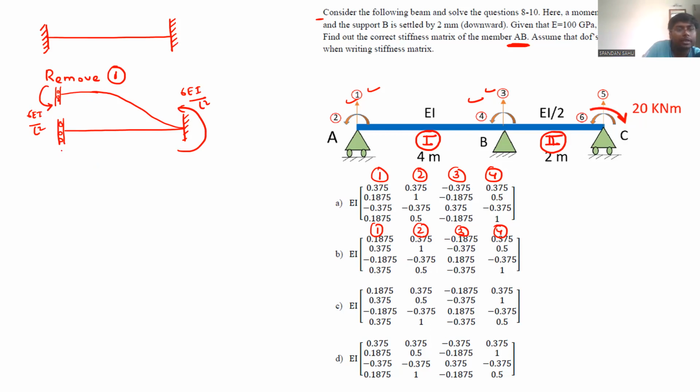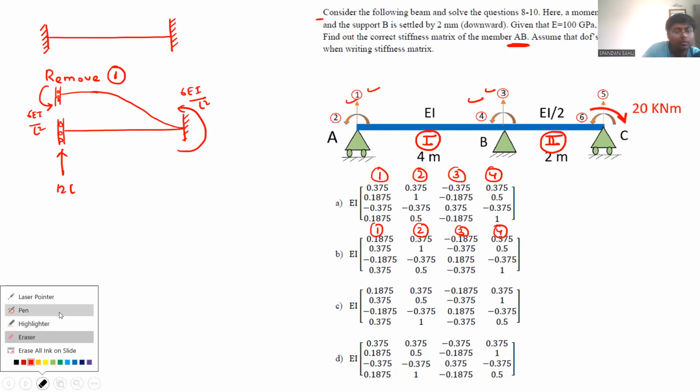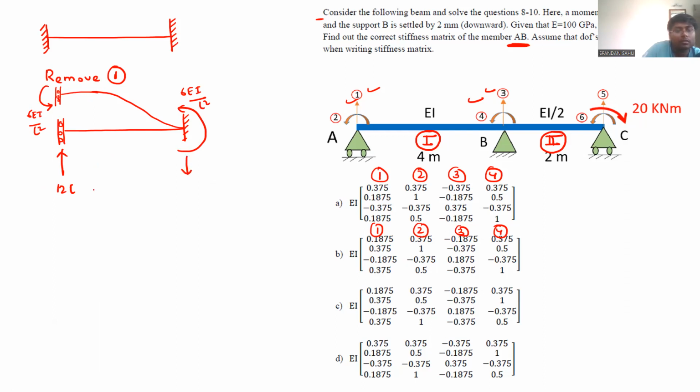We try to rotate it anti-clockwise, so it is a clockwise couple. 12 EI upon L cube and 12 EI upon L cube.